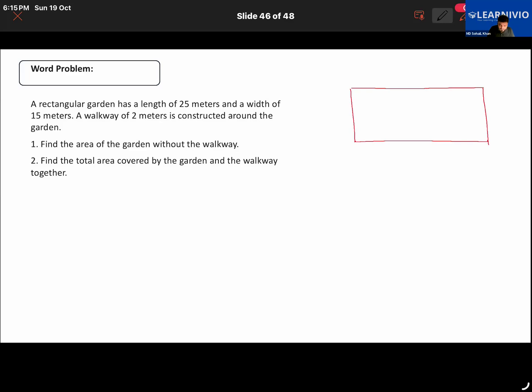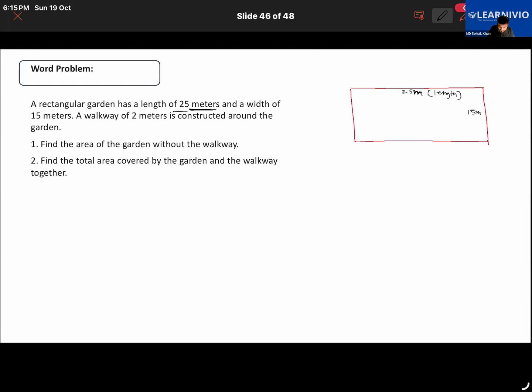The rectangular garden has 25 meters and width 15 meters. Is 25 meters the length or the breadth? Length of 25 meters.